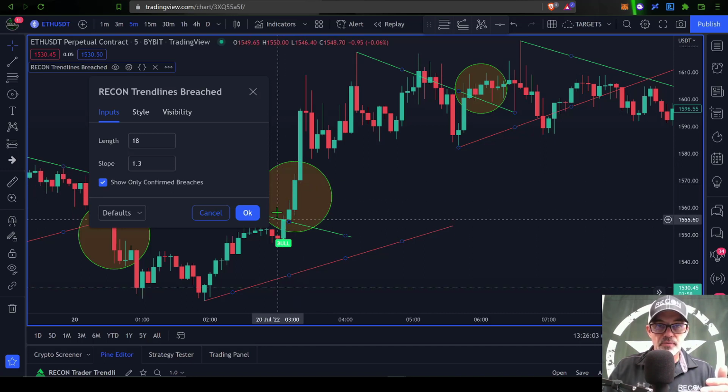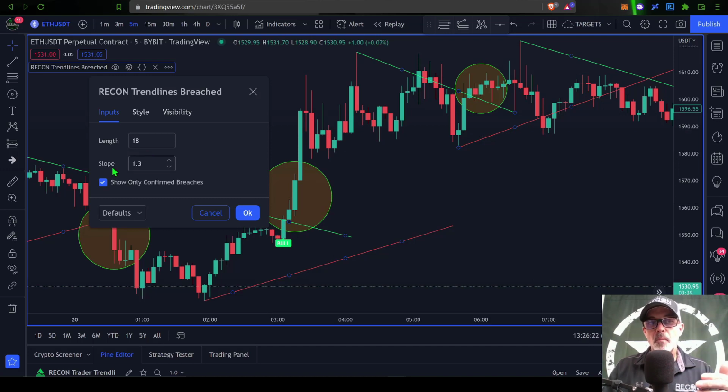Now that breach of the trend line, because it's more of an angle, is way back down here, so we'd get in earlier and perhaps capture more profit. But on the flip side, having a more extreme slope could give you more false signals. Really, your experience with trading and identifying false signals could be a deciding factor on what you choose your slope as. Right now, I'm testing everything with a 1 slope and a length of 18.